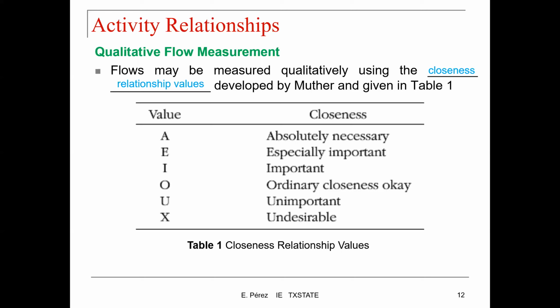In that case, you can use an X relationship value in which you say, okay, this is not desirable for these two. So that's the idea. Those are not the type of thing that you can define using a number. It is more a qualitative characteristic.